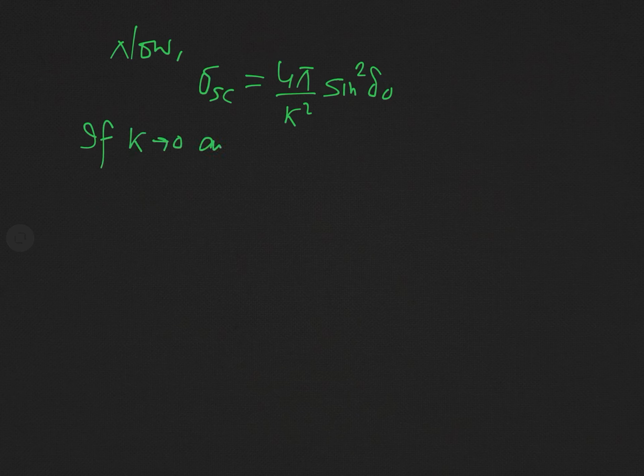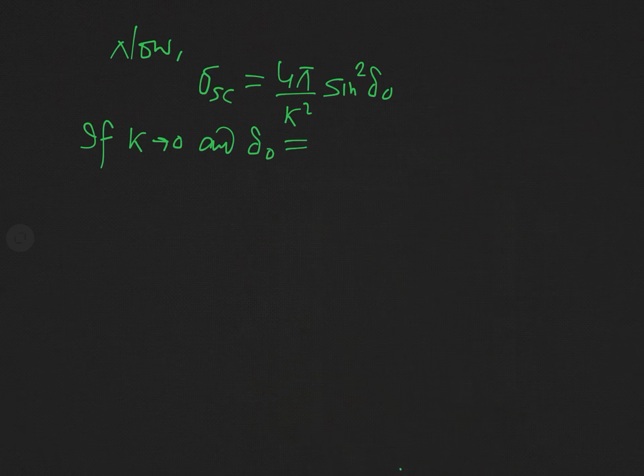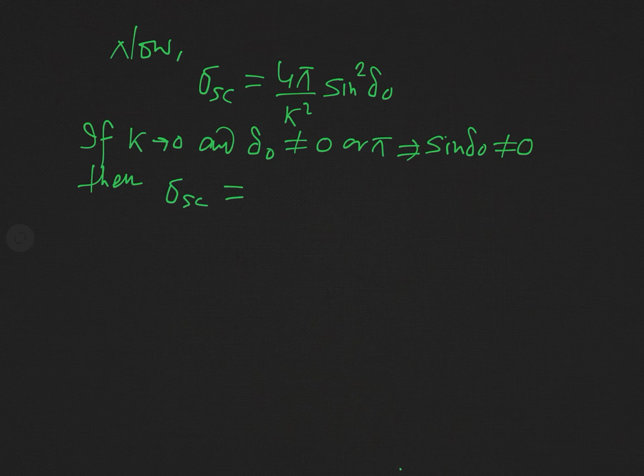And let us see, if k tends to 0 and delta naught is not equal to 0 or pi, if delta naught is neither 0 nor pi, this implies sine delta naught will be not equal to 0. In that condition, what will be the value of this sigma SC?